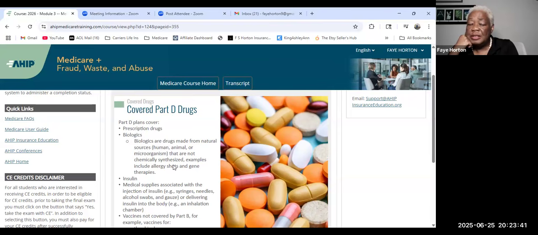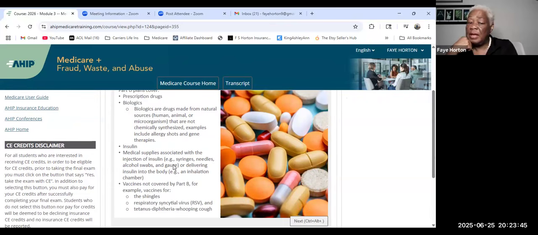Part D plans also cover insulin, and medical supplies associated with the injection of insulin, like syringes, needles, alcohol swabs, and gauze, and inhalation chambers, where insulin is delivered through inhalation.